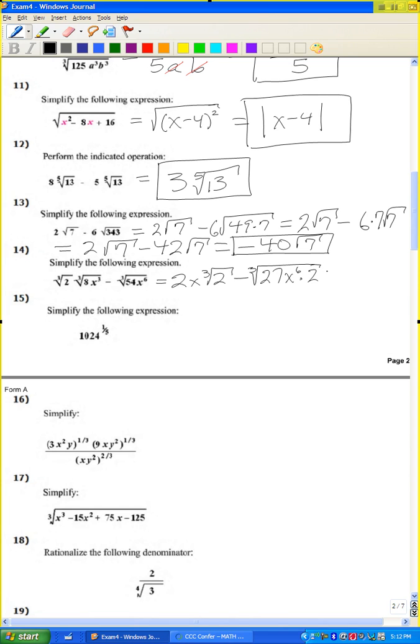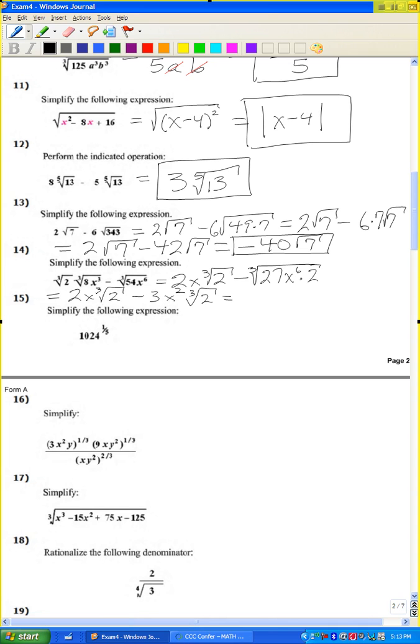The cube root of 27 is 3. The cube root of x to the 6 is x squared. And so I have here in common a x squared.